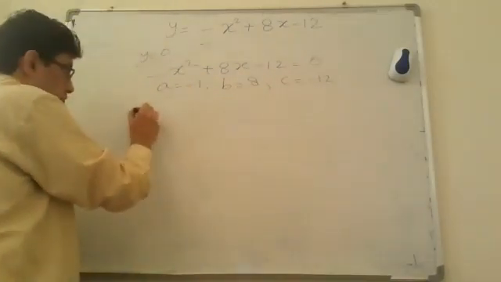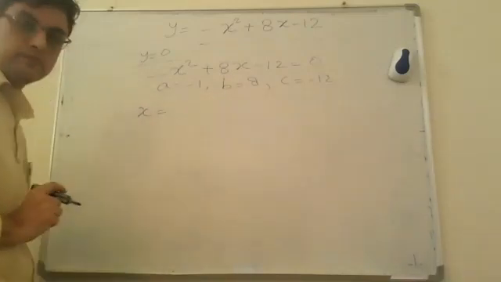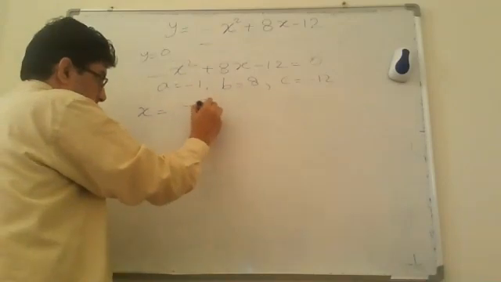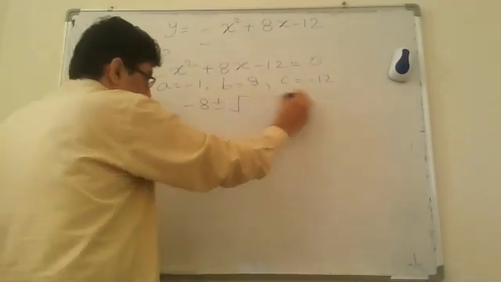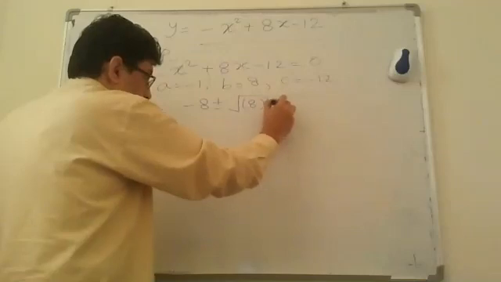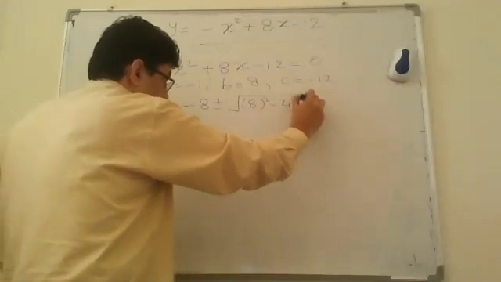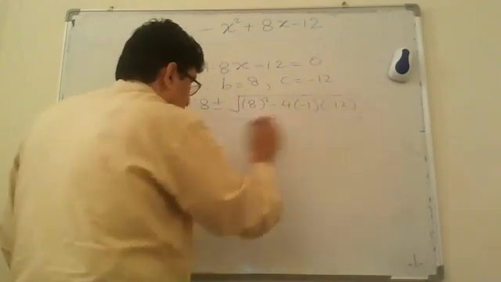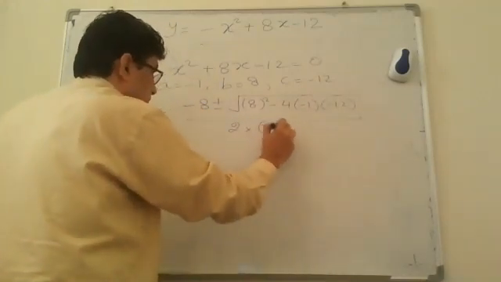So x is equal to minus b, that is minus 8, plus minus square root of b square, 8 square, minus 4 multiplied by minus 1 multiplied by minus 12, divided by 2 multiplied by minus 1.